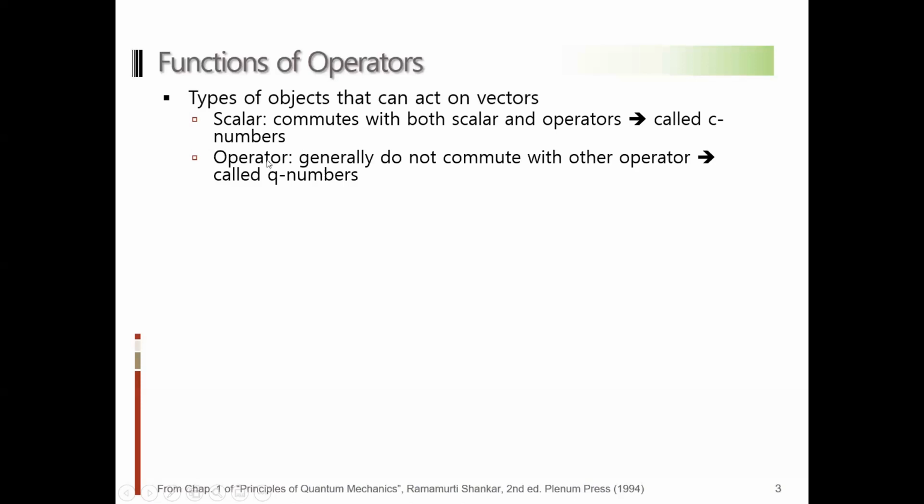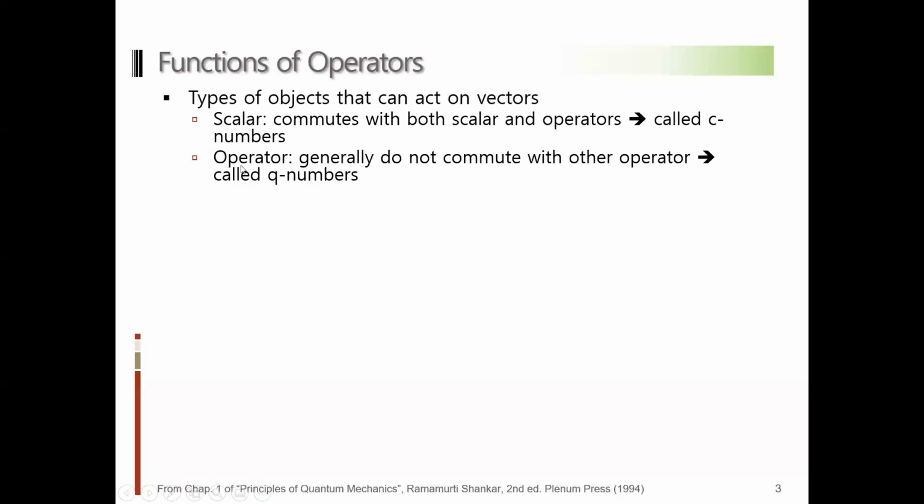However, an operator can also be applied on the vector, and the most obvious difference between the scalar value and the operator is that the order of multiplication of operators cannot be exchanged in general.